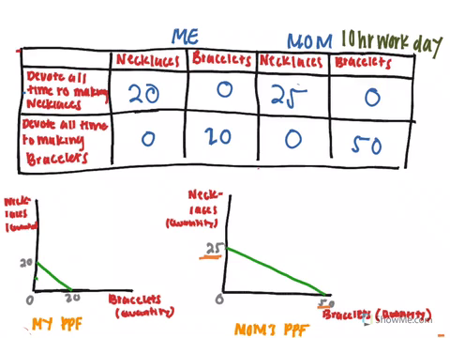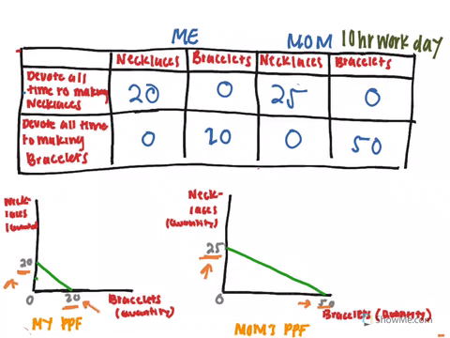We can see here 25 and 50. Yet, if I dedicated these same 10 hours, all 10 maybe to necklaces and all 10 maybe to bracelets, if we look here, my mother beats me out every single time. Right here with the 25, and I only have 20, and here she beats me again in bracelets. She can make 50 bracelets in 10 hours, whereas I can only make 20.